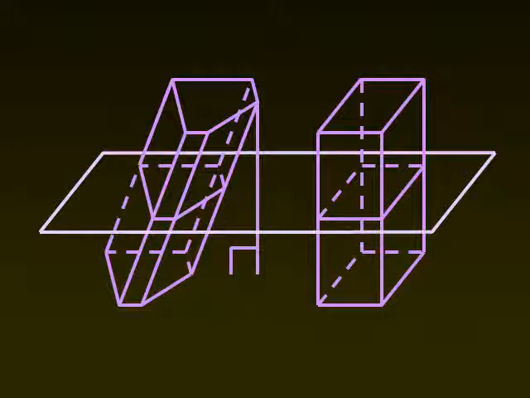This has 5 sides, so this is a pentagonal base prism, even though it's not a regular pentagon. The cross section is still the same as the base, same area, but we have to draw a perpendicular line from the top of the prism down to the base, making a right angle, and that's called an altitude.